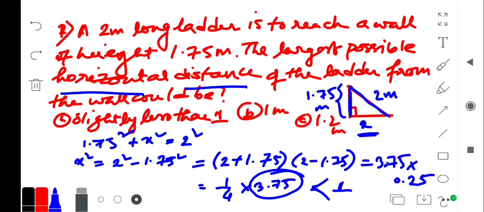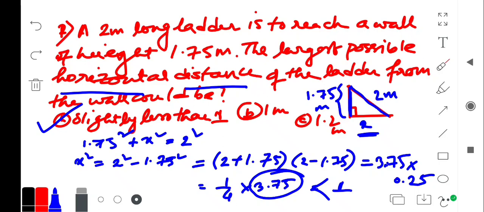Because 3.75 is less than 4, so we cannot just say approximately 4. So 3.75 by 4 should be less than 1. The question asks for the largest possible horizontal distance of the ladder from the wall, which should be slightly less than 1, because 3.75 is almost 4 and 4 by 4 equals 1, but 3.75 is not exactly 4, it is less than 4.